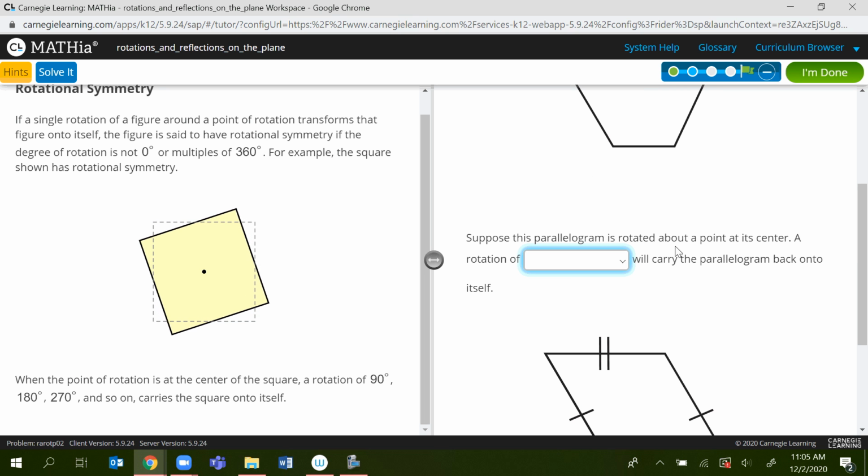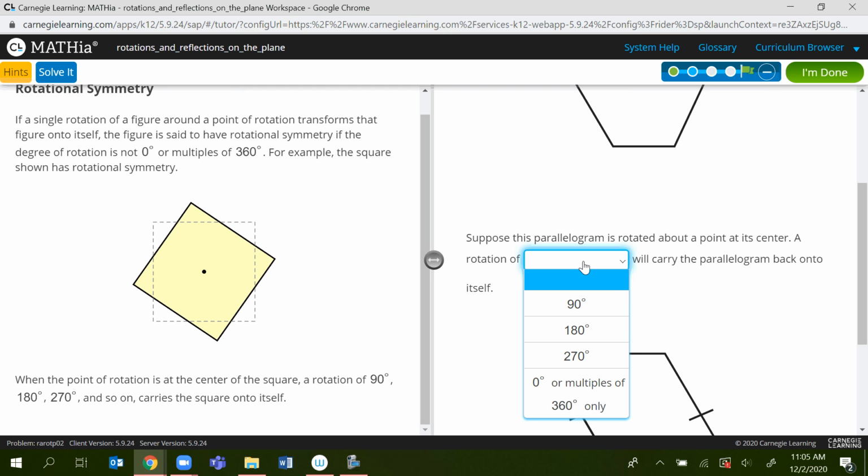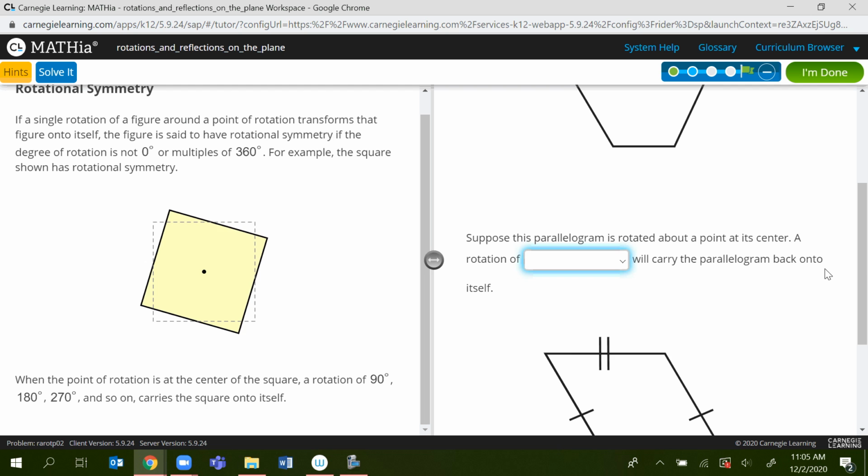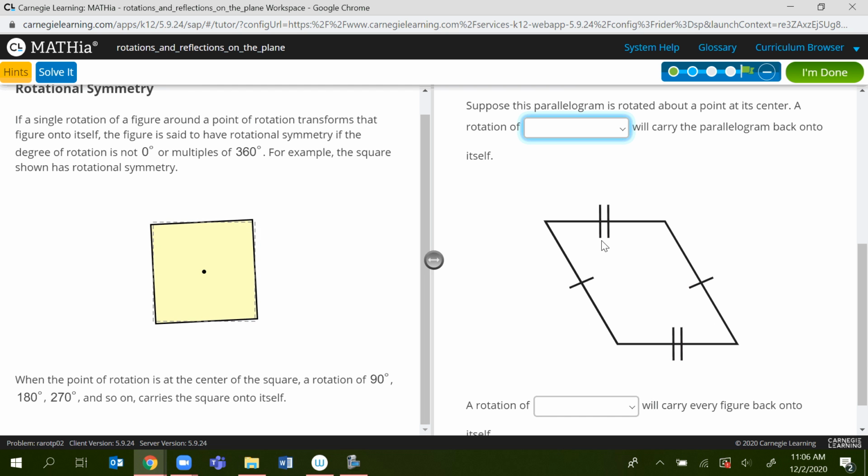Suppose this parallelogram is rotated about a point at its center. A rotation of blank will carry the parallelogram onto itself. Thinking about this, the fact that it is slanted is going to be a little worrisome for us. If we rotated it this way, 90 degrees, my double slash marks are going to be on the left and right side.